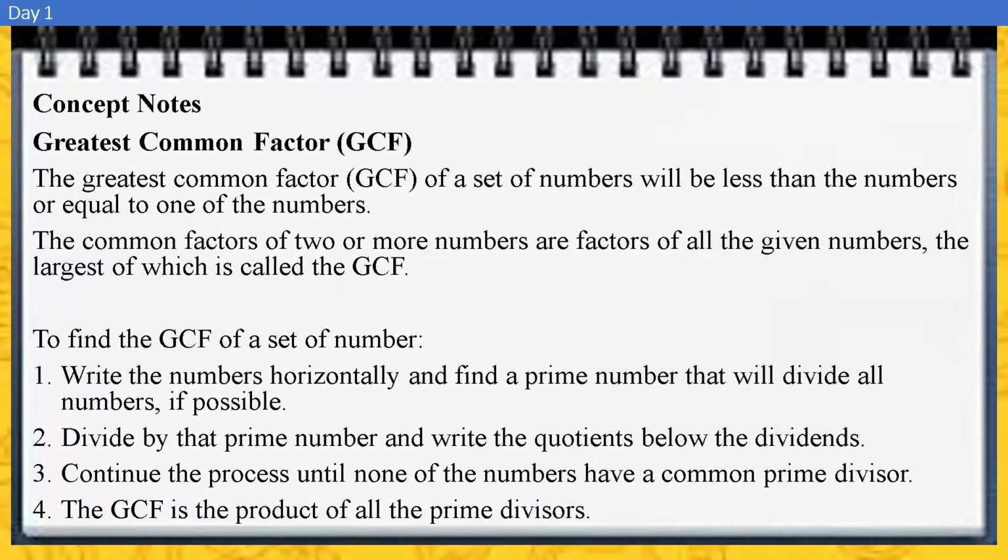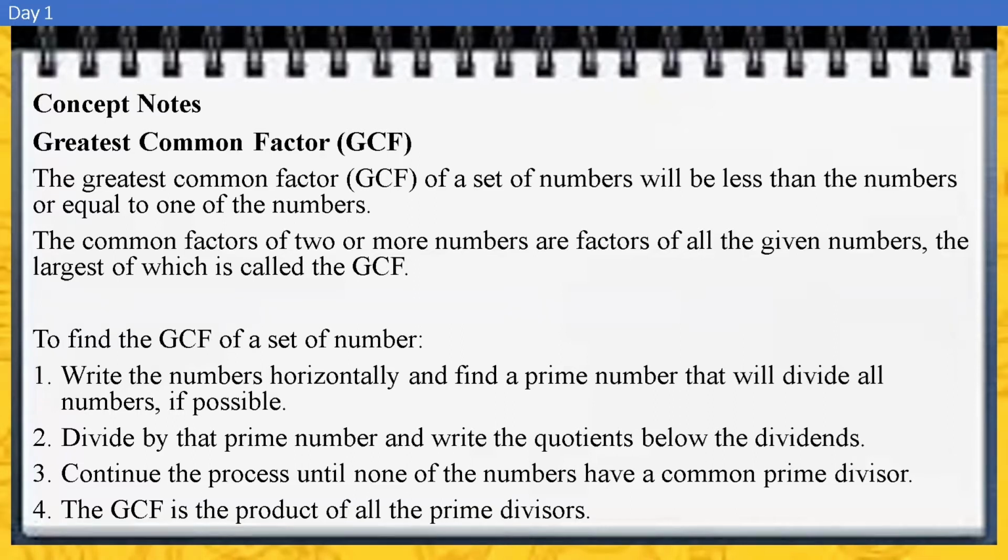First, we're going to write the numbers horizontally and find the prime number that will divide all numbers, if possible. If you remember the prime numbers, ang prime numbers natin ay eto yung mga nati-divide lang sa sarili nila at sa 1. Again, prime numbers can be divided only by itself and by 1.